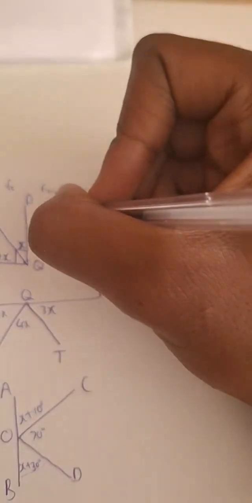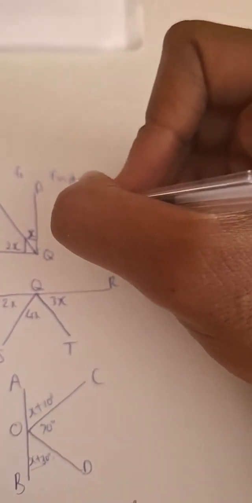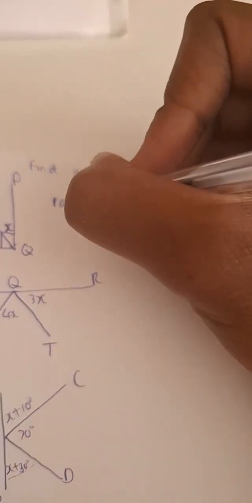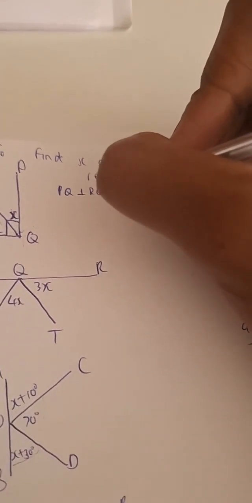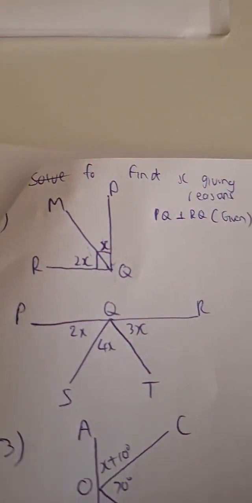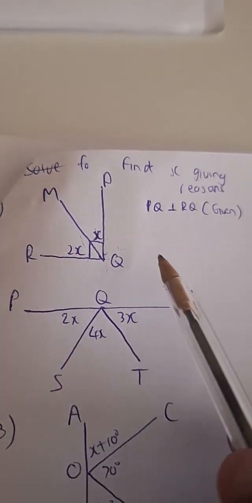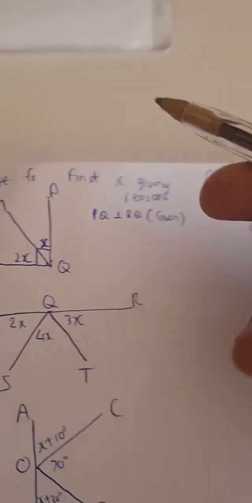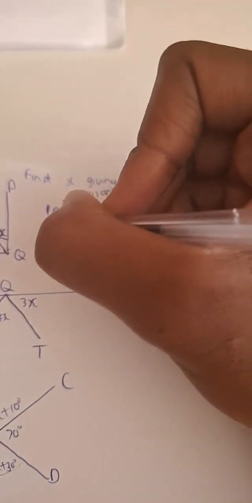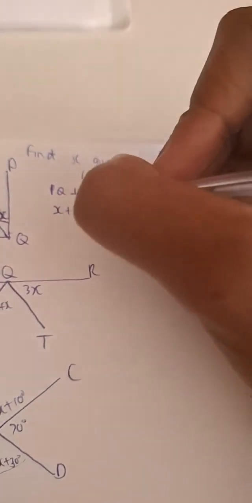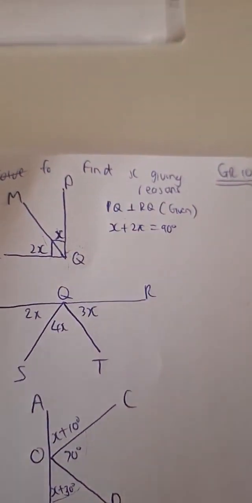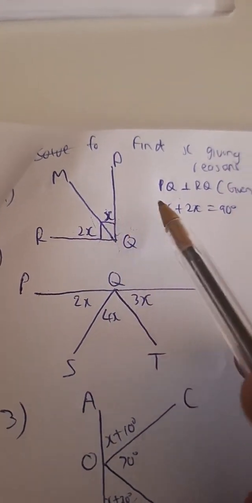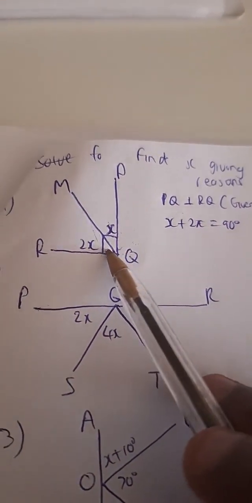That's very important to note. We know from this statement that PQ is perpendicular to RQ, and that is given to us. Furthermore, we know that x plus 2x is equal to 90 degrees, because this box, which is perpendicular, means 90 degrees.